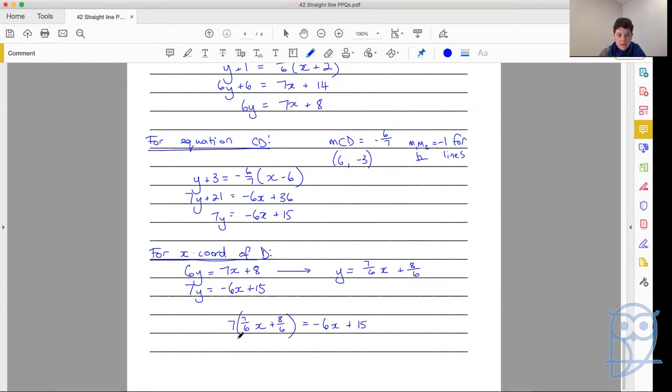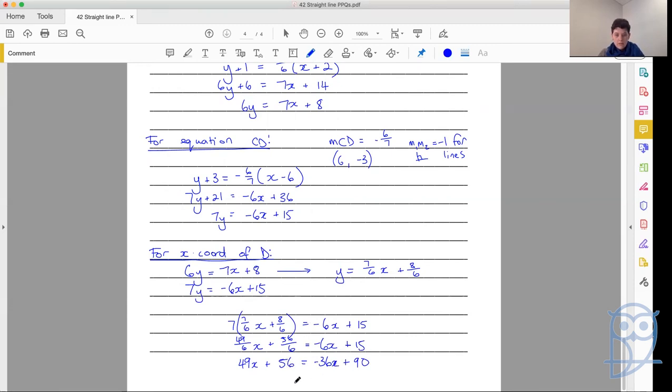So 7 sevens are 49 over 6 x plus 7 eights are 56 over 6 equals -6x plus 15. Getting rid of those 6s at the bottom there, we would have 49x plus 56 equals -36x plus 90.